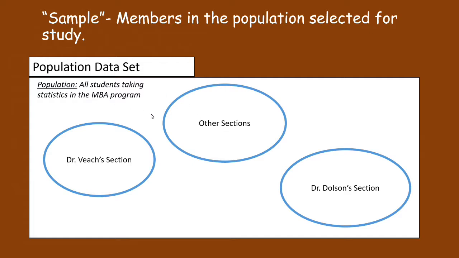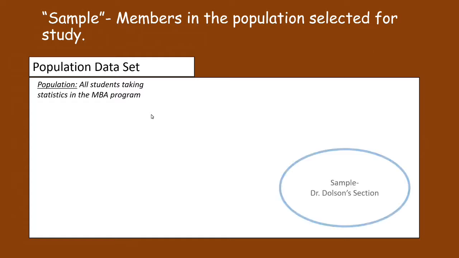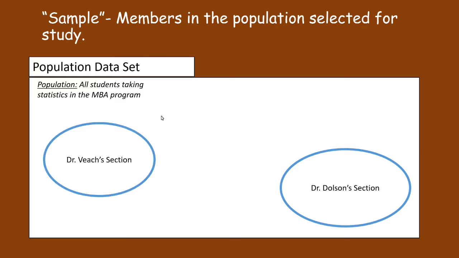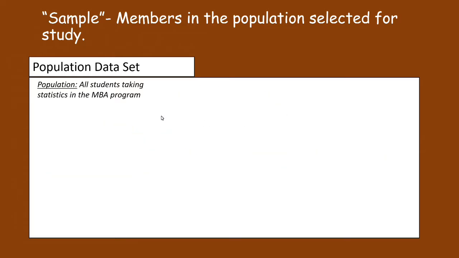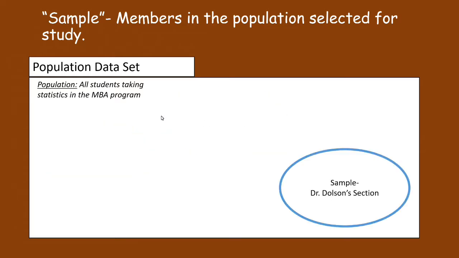So in the example I'm building here, let's say that the population of students taking stats in the MBA program are divided into 3 sections. Let me pull that up here so you can see it. 1, 2, and 3. We've got my section, and other sections, including Dr. Vicha's section.